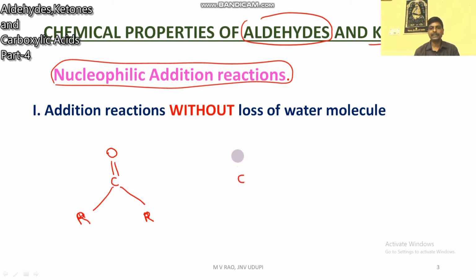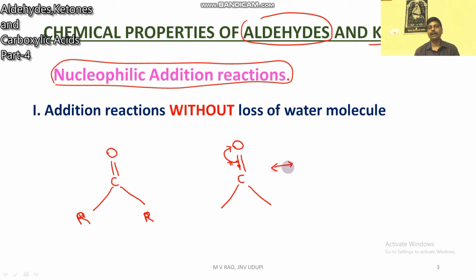In this carbonyl group, this bond is a pi bond, a weak bond. This pair of electrons will move towards oxygen because the pi bond is weak.